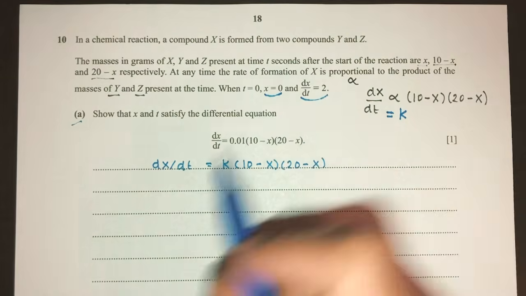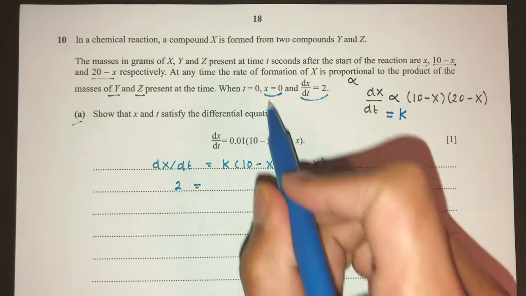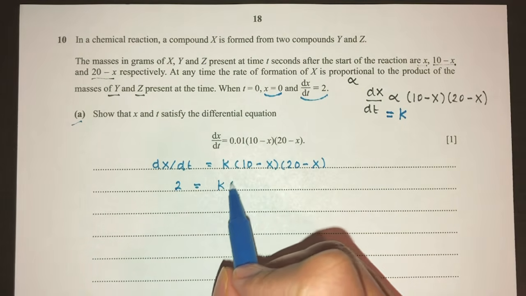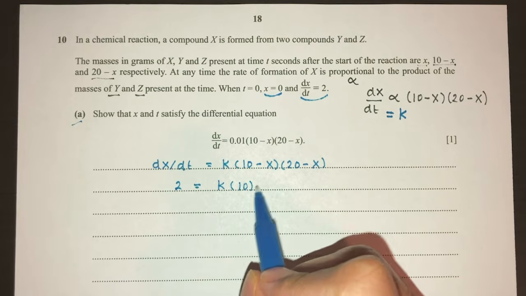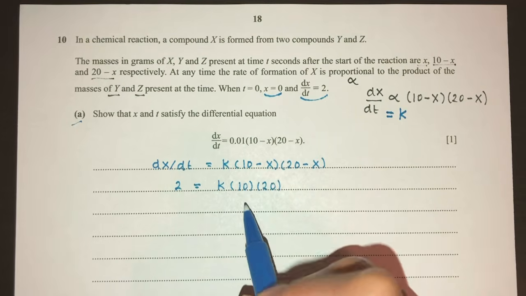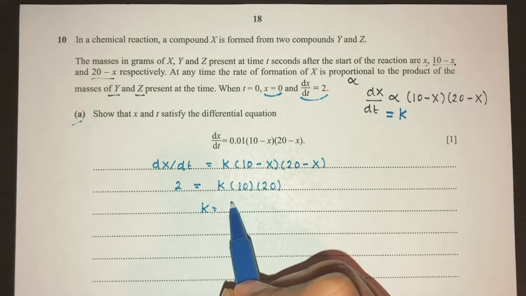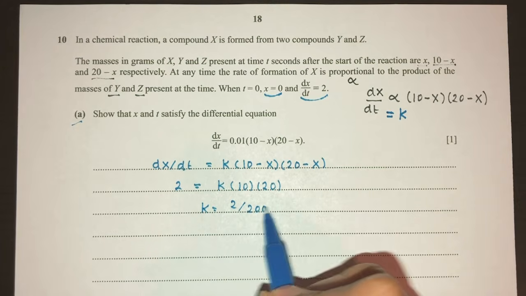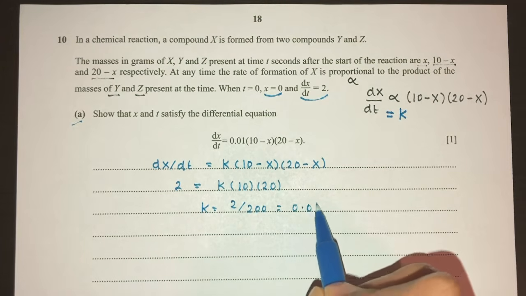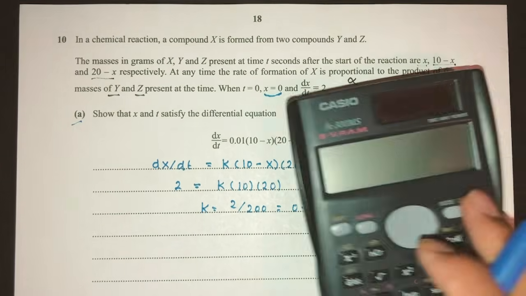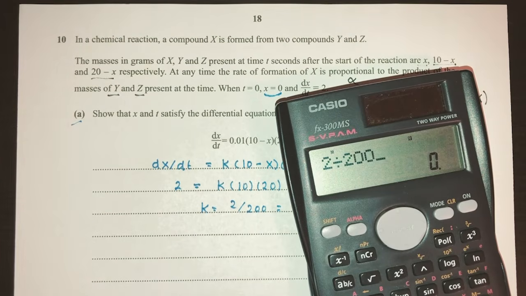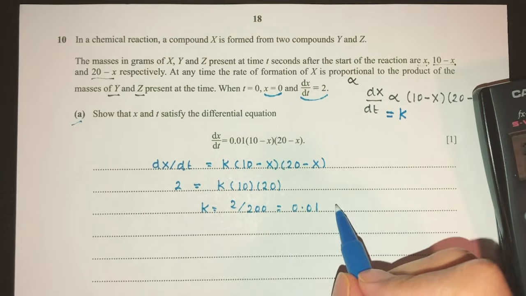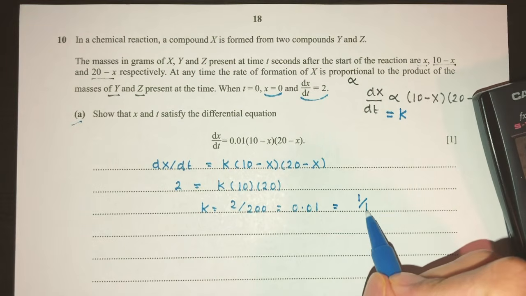So dx by dt is 2 when x is equal to 0. So k, 10 minus 0 is 10, 20 minus 0 is 20. So k will be 2 divided by 200. That will be 0.01. Okay, so let's check. 2 divided by 200, 0.01. Or if you want to, you can write 1 divided by 100.